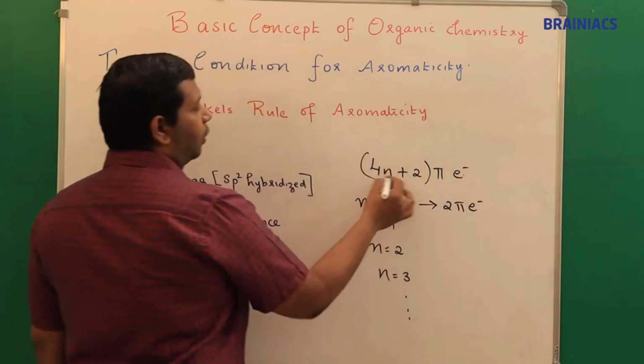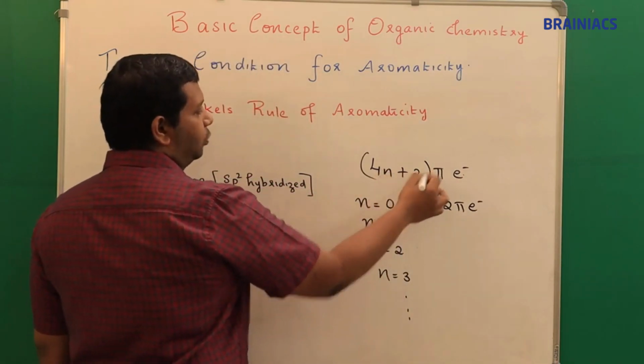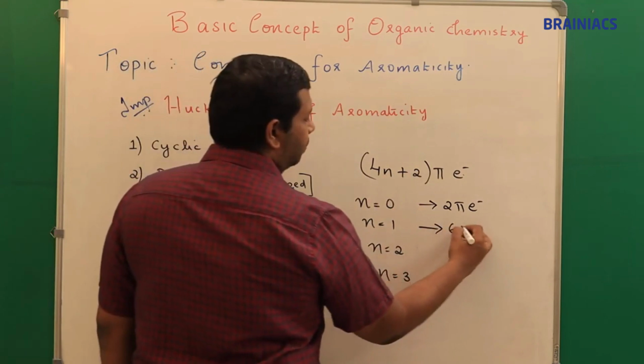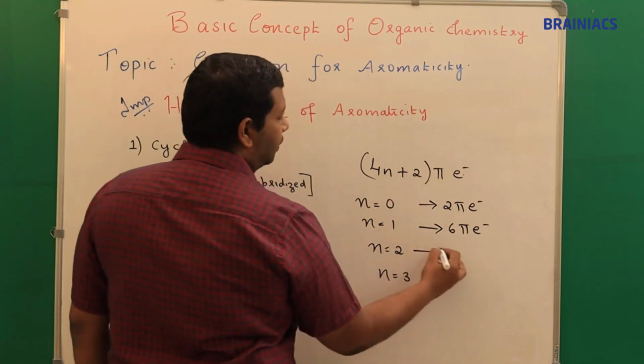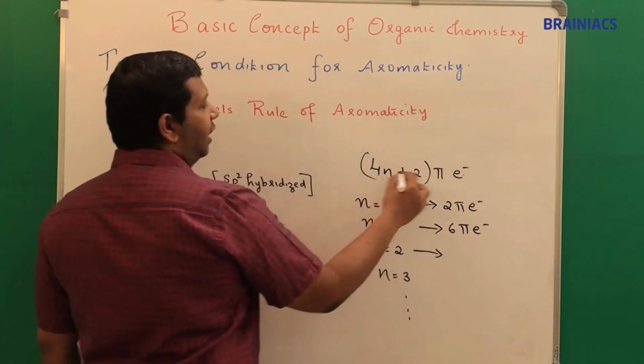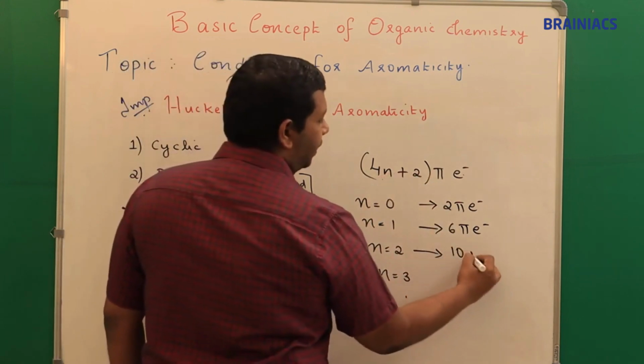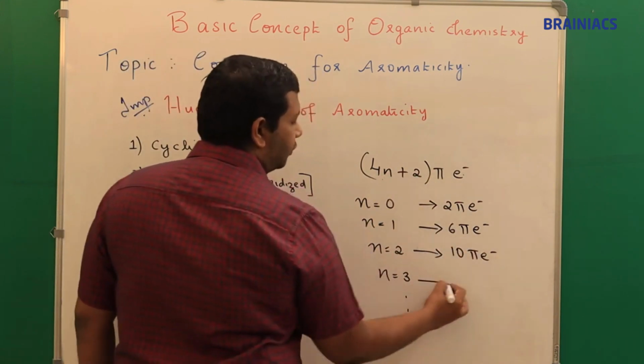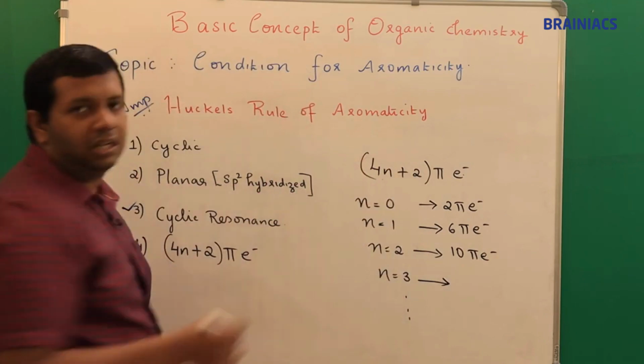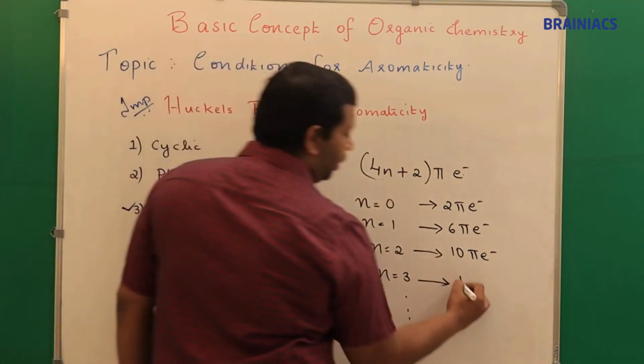Now put 1, 4 into 1, 4 plus 2, 6. So I can say 6 pi electrons. When you keep n is equal to 2, 4 into 2, 8, 8 plus 2, 10. So 10 pi electrons. And last one, when 3, 4 into 3, 12, 12 plus 2, 14.